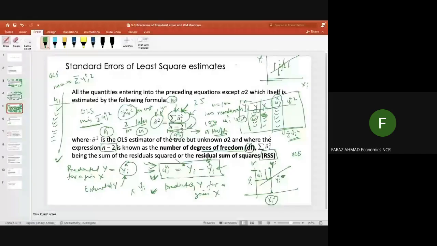After fitting a line using OLS, if we take the vertical distances, these are all the u_i's. I explained that if we add all of these, they are going to be zero. So why not square them and then add them?